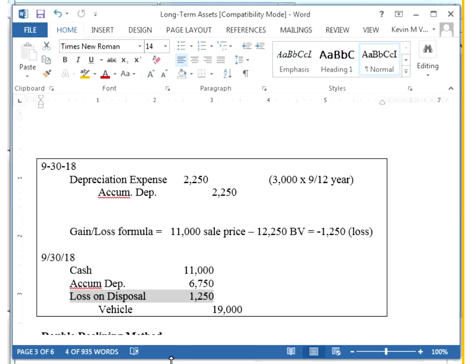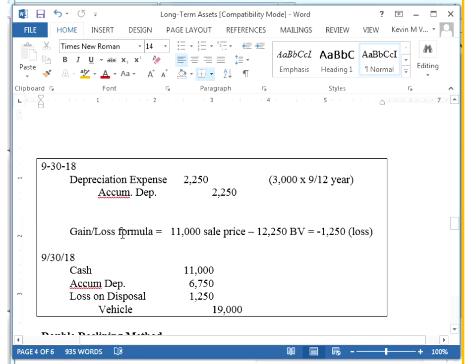The difference is our brand new account called loss on disposal. And I actually want to use the "on disposal" part. It's just like saying you wouldn't want to just say rent as a journal entry. You want to say rent expense or prepaid rent. I want to specify exactly what happened here, a loss on disposal for $1,250.